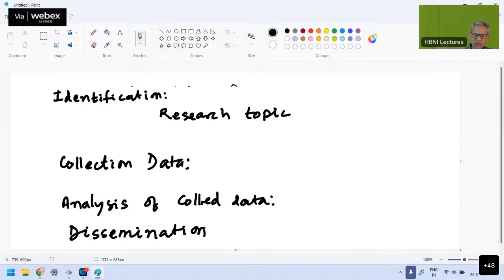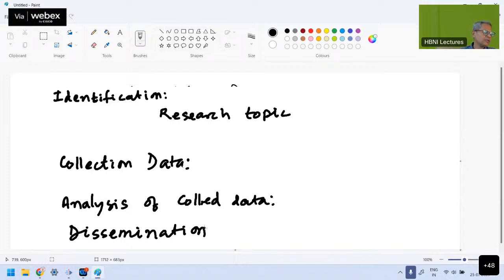So when you talk about research methodology, it is all these processes that I told you. It's basically an overall theory of how research should be done. Research methodology discusses every aspect of research, starting from the research question or identifying the problem to finally dissemination. All those things constitute what you call research methodology.